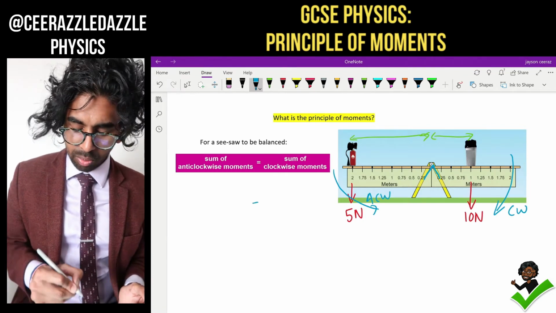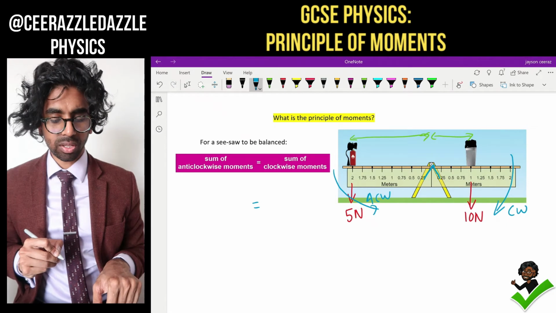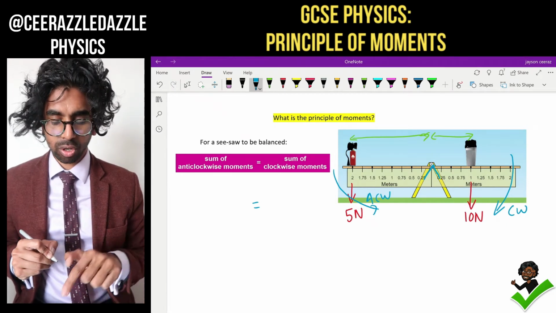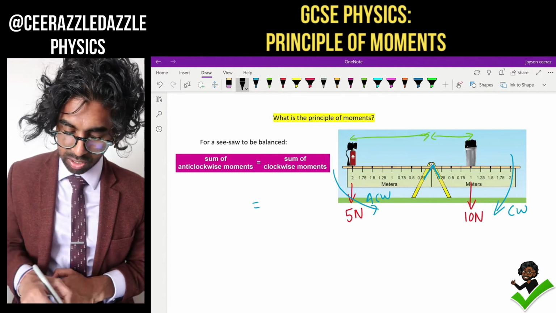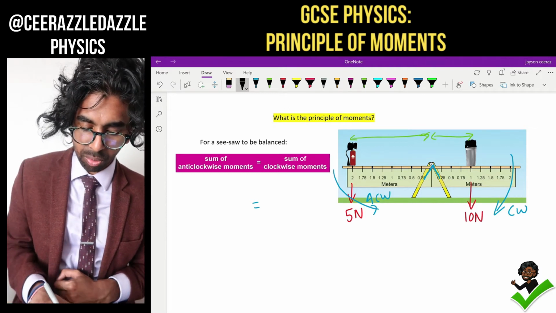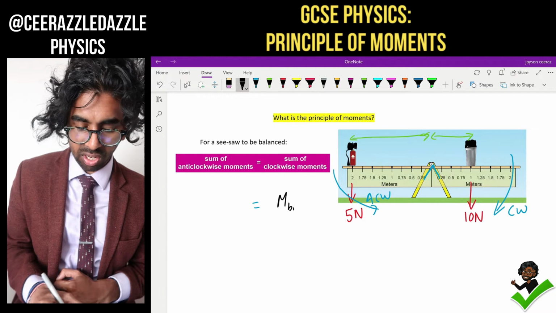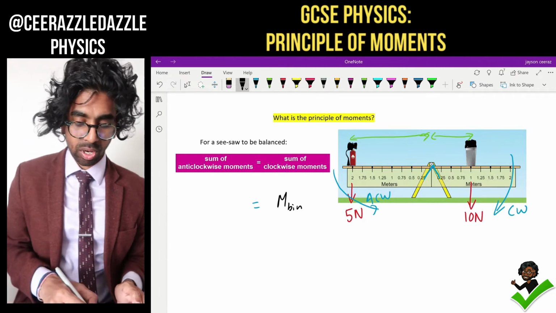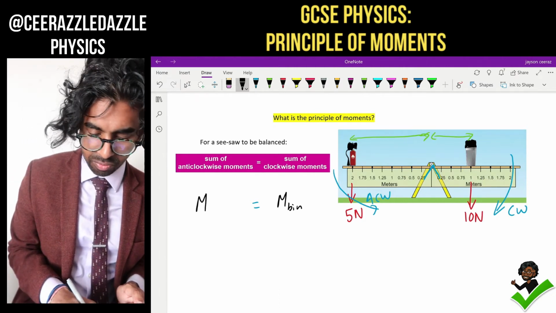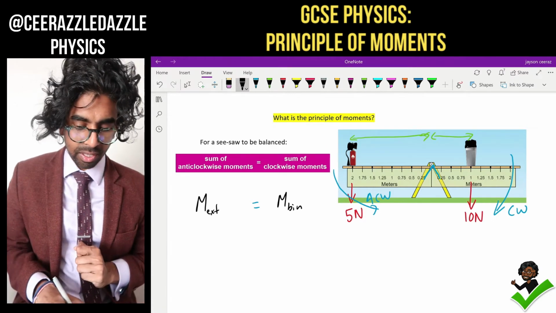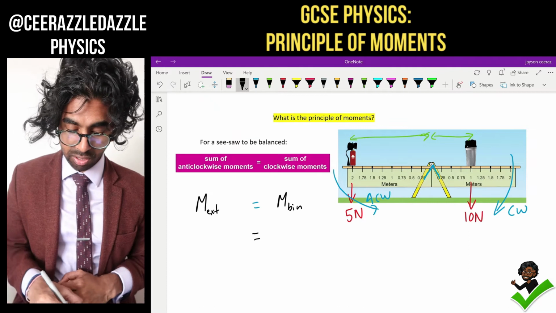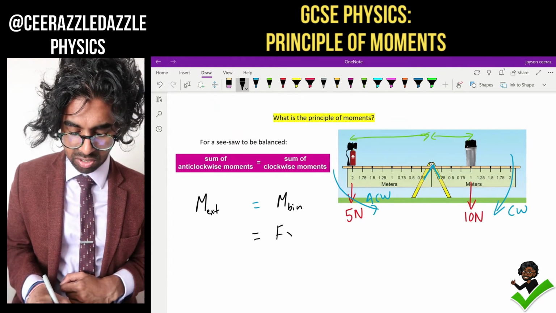So let's look at what is the sum of the clockwise moments. Which one is clockwise? It's the bin. So to work it out, I need force times by the distance. So the moment of the bin on this side here. And the anti-clockwise moment is the moment of the extinguisher. To calculate the moment of the bin, I need the force times by the distance.